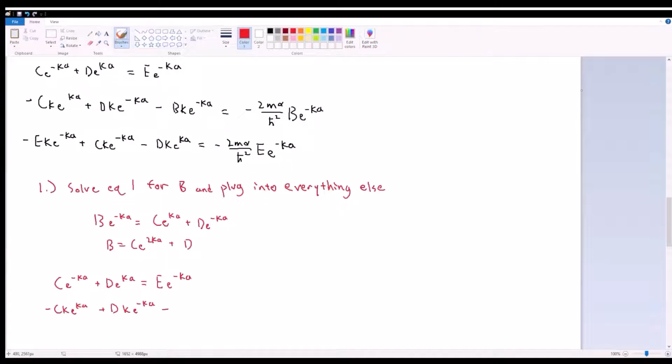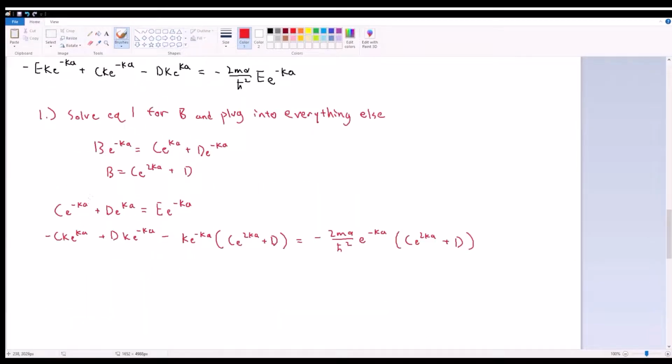So this is going to be minus k e^(-ka) times b, which is c e^(2ka) plus d, and this is going to equal negative 2mα divided by ħ² times e^(-ka) multiplied by b again, which gives us c e^(2ka) plus d.